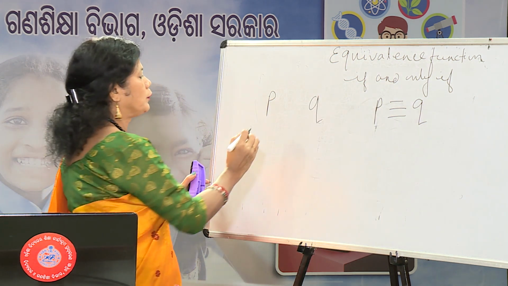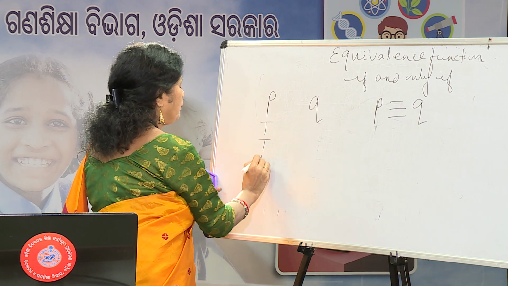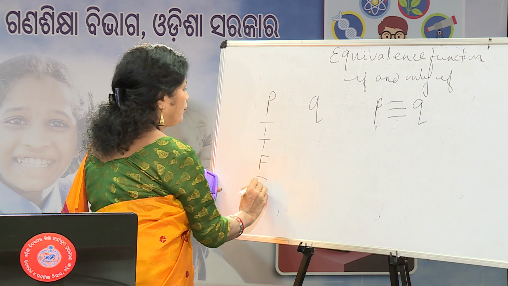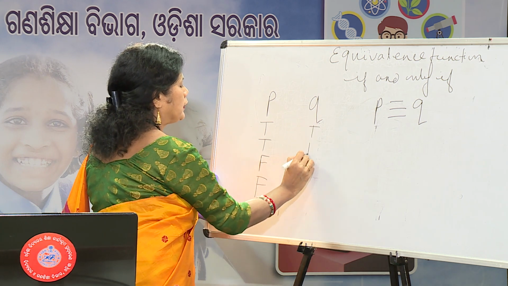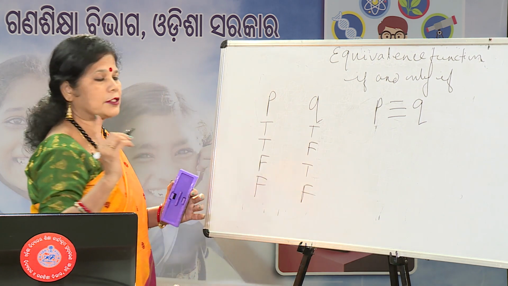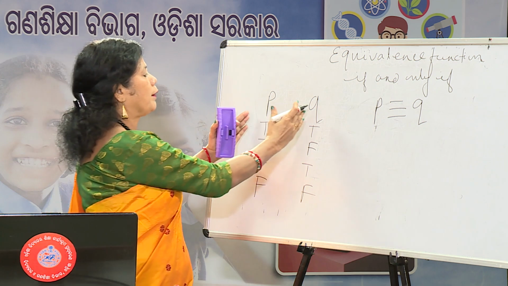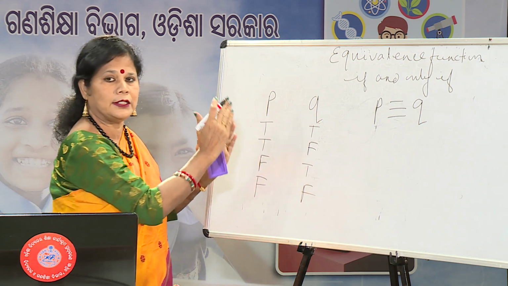Okay. Now there are two variables, so I will write p as t t f f, then for q I will write t f t f. Equivalent function is true only when both have the same truth value.